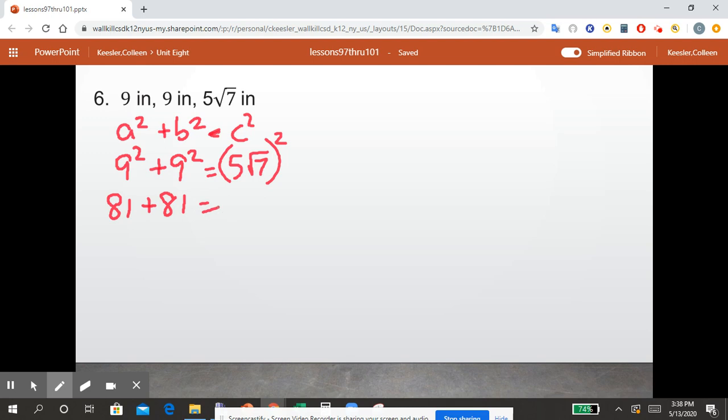And to do this 5 radical 7 squared, we're going to square the 5, which is 25, and we're going to multiply it by 7 because squaring the square root of 7 just cancels out like we saw before, and then we multiply those together because when you have two things squished together, that means they're being multiplied, kind of like 5x, right? 5 is being multiplied by x. So 5 radical 7 or 5 square root 7 says that we're multiplying square root 7 by 5. I have 5 square root 7s.